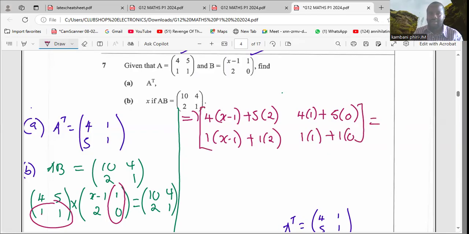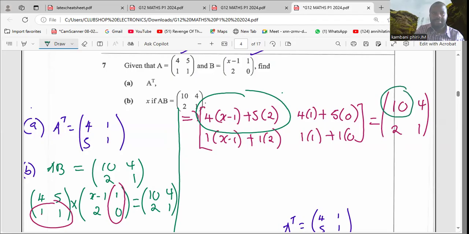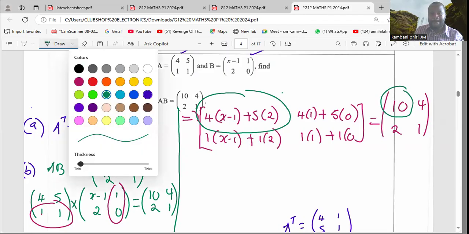And this is equal to [[10, 4], [2, 1]]. Now, if these are equal, it means this one is equal to that. That's what it means.